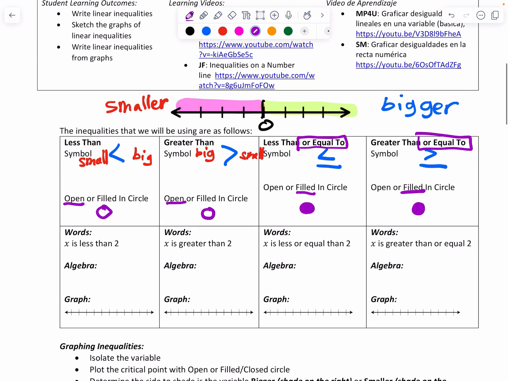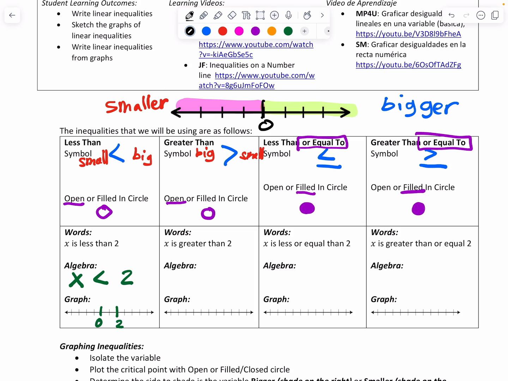So in words, if it says x is less than 2, that means x is, here's our less than symbol, 2. So on my graph, say we've got 0 right here, 1, 2 would be right there. Now x is less than 2.